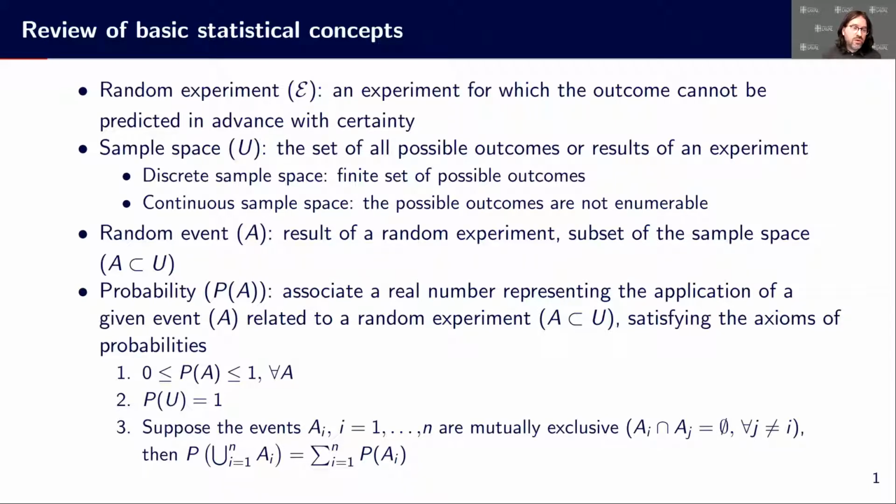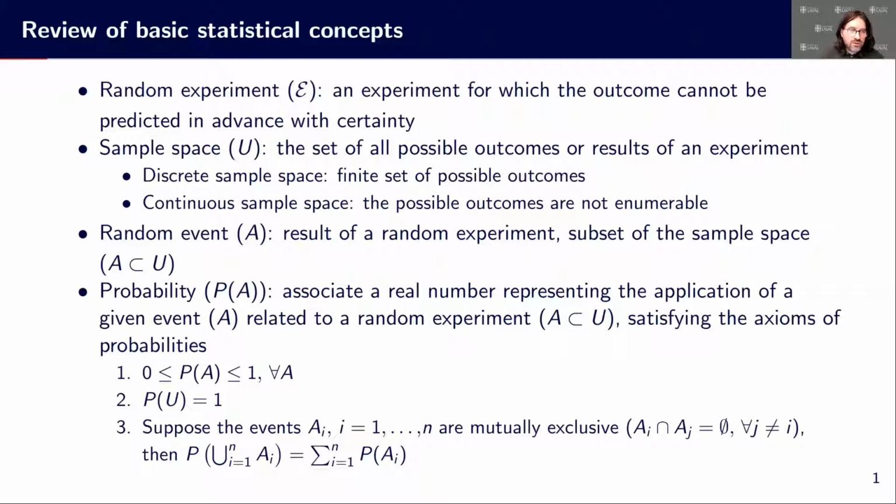That is, the value is between 0 and 1 for any possible event A. If we look at the probability of getting an outcome in the sample space, that probability is 1. It means that the sample space describes all possible outcomes. When we have a random experiment, necessarily the outcome will be within the sample space. So the probability of U is equal to 1.